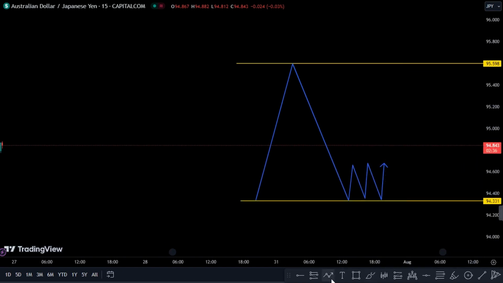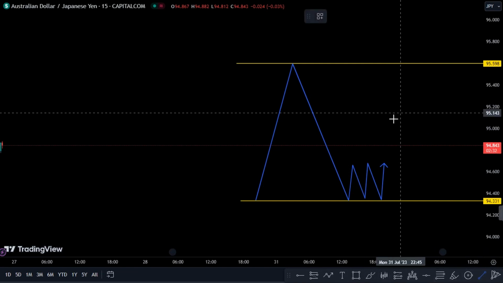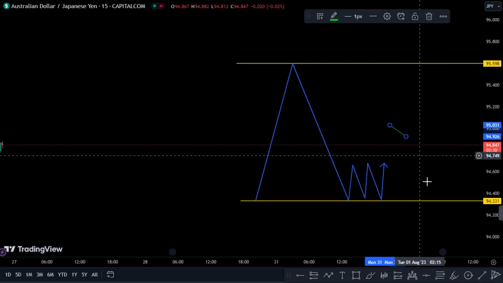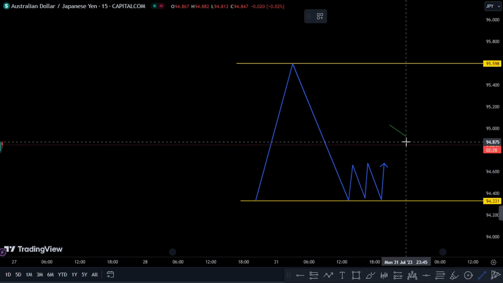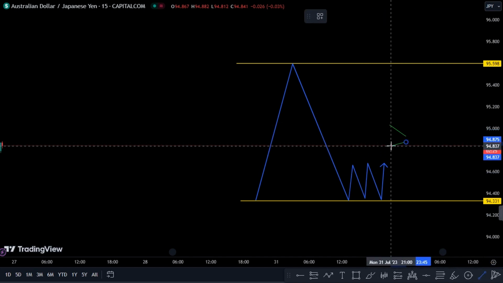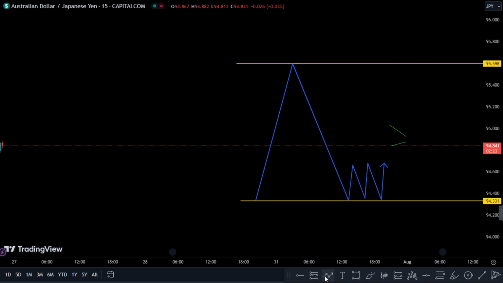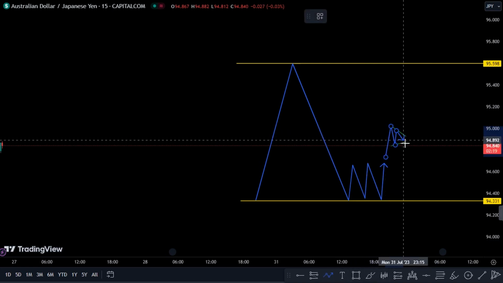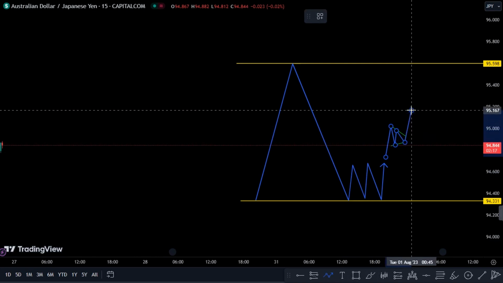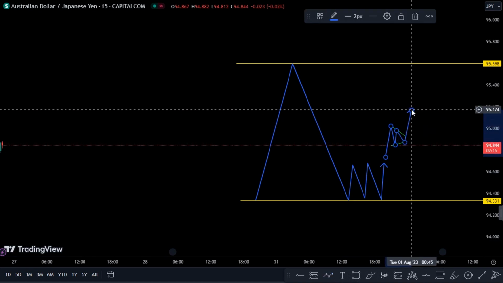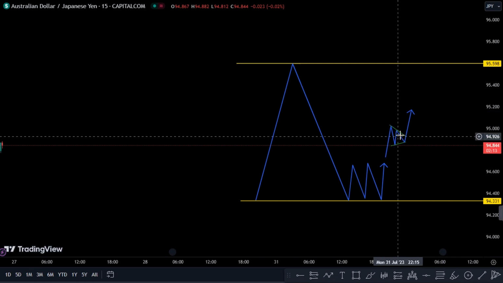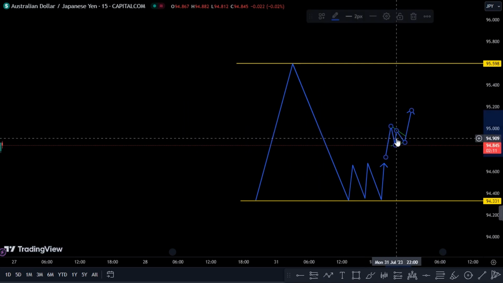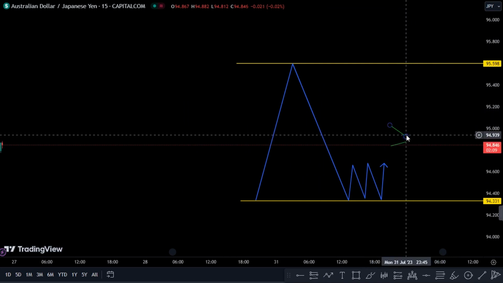It can come in the form of ascending triangles, where you'll have structures like this. This phase right here is your consolidation phase.